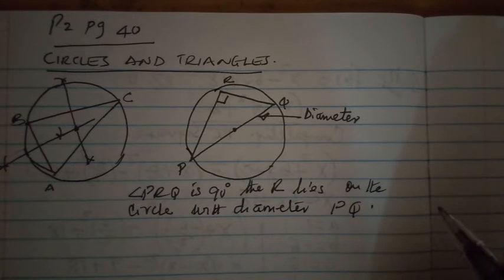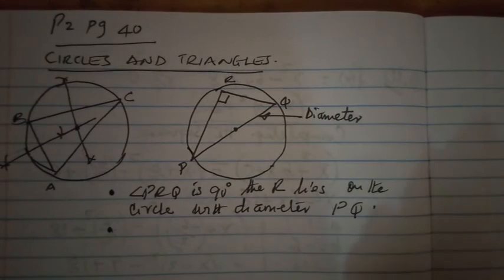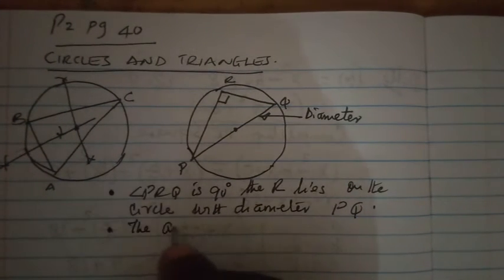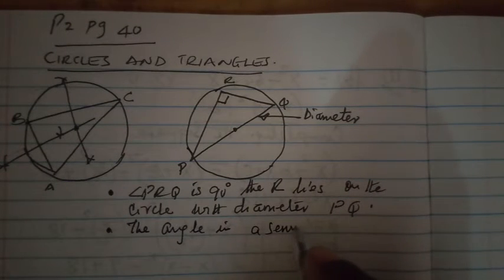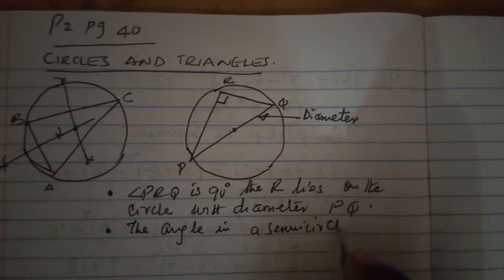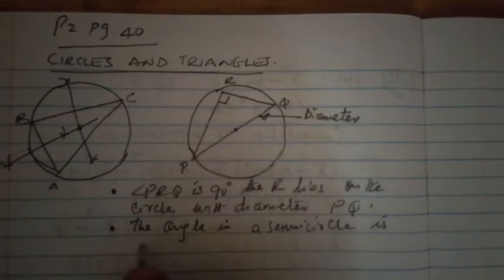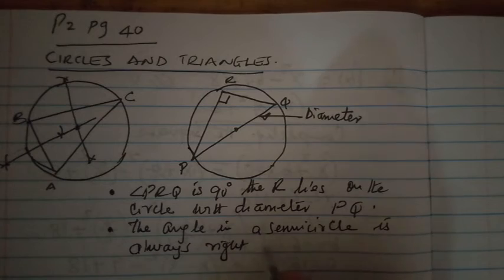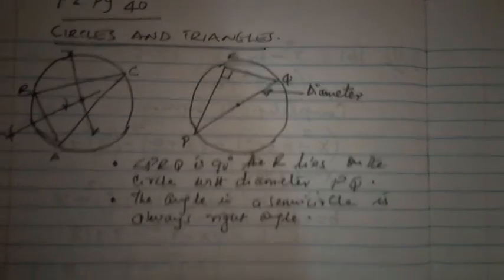Another way you can also say is that the angle in a semicircle is always a right angle.